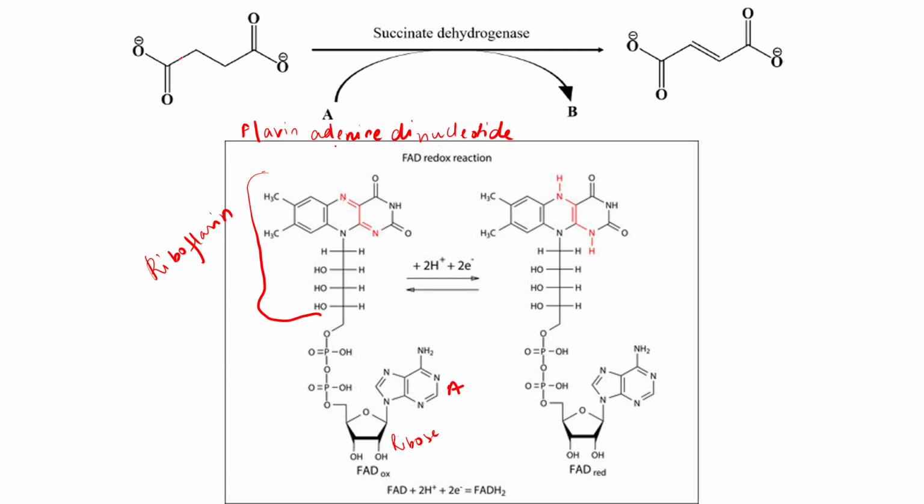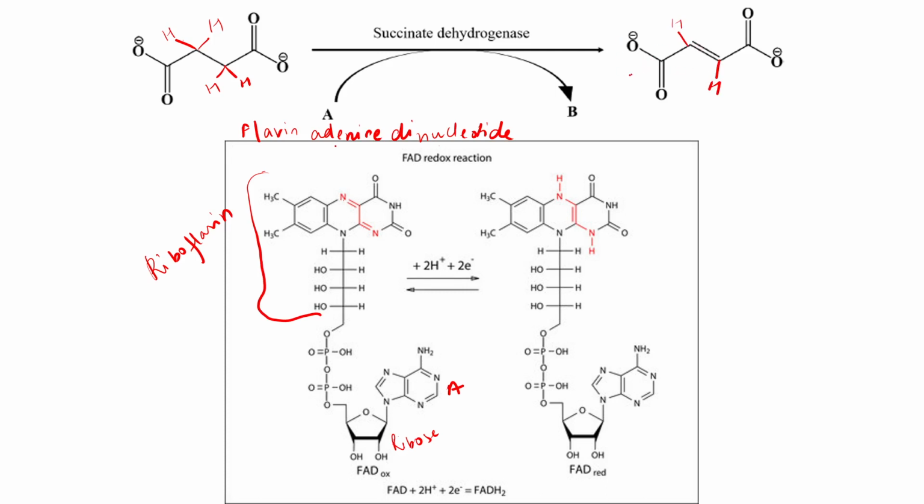So we have two hydrogens here and two hydrogens here. Both of these carbons have two hydrogens. From these, one hydrogen is removed from each carbon. So two hydrogens are removed, and we are left with one hydrogen here and one hydrogen here.